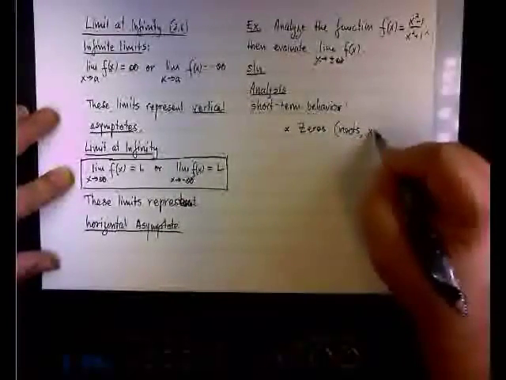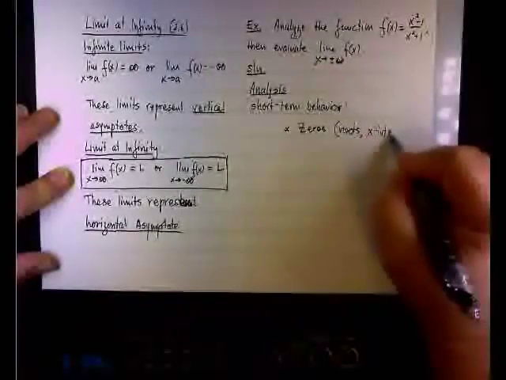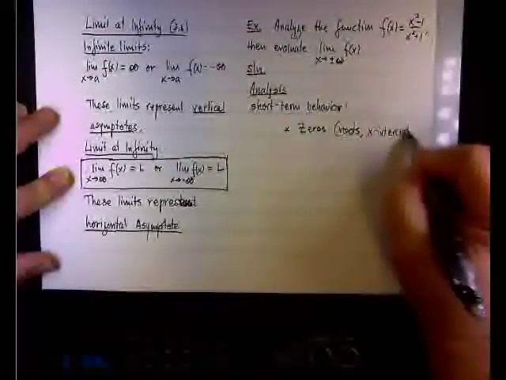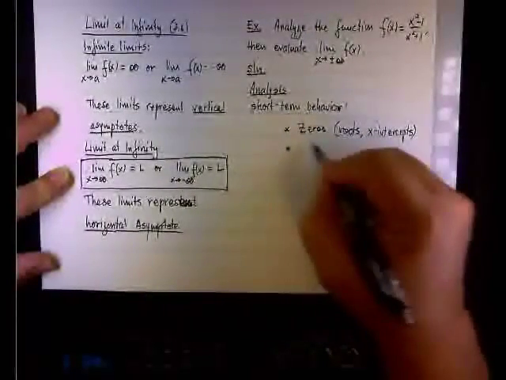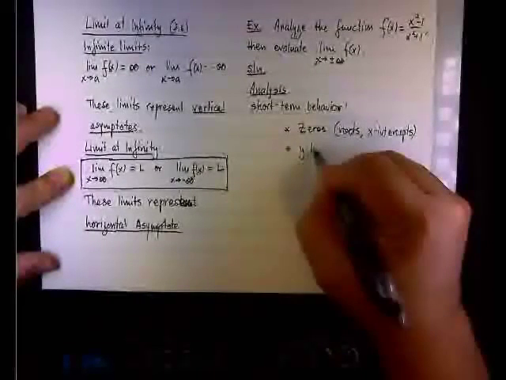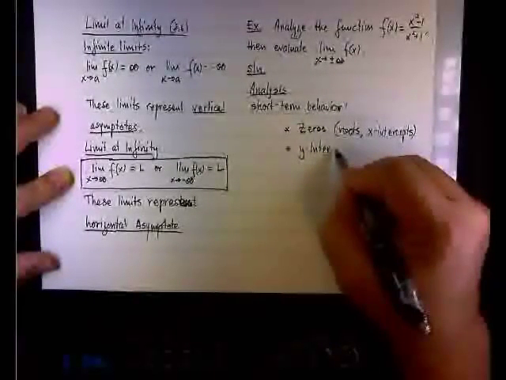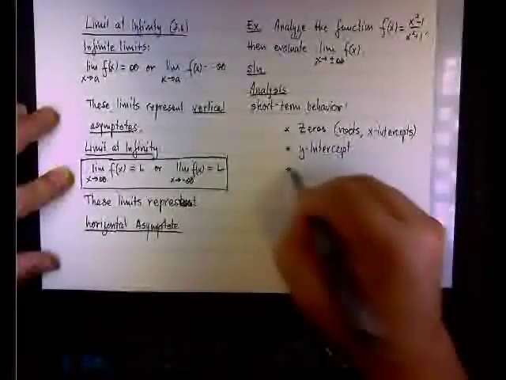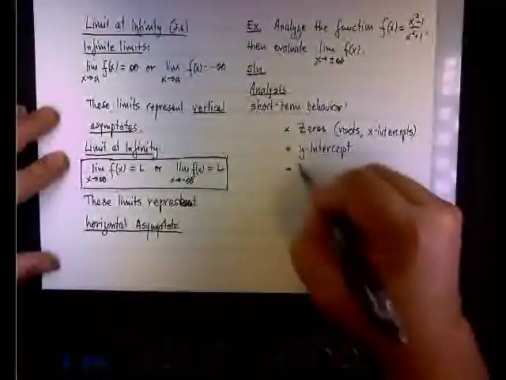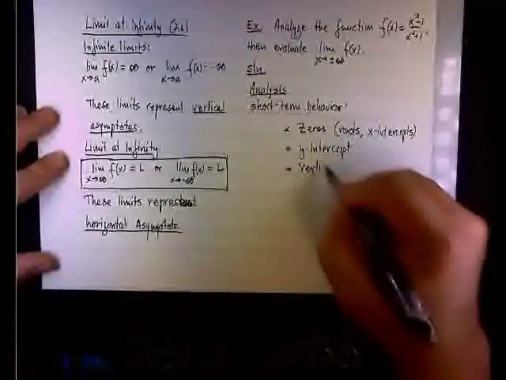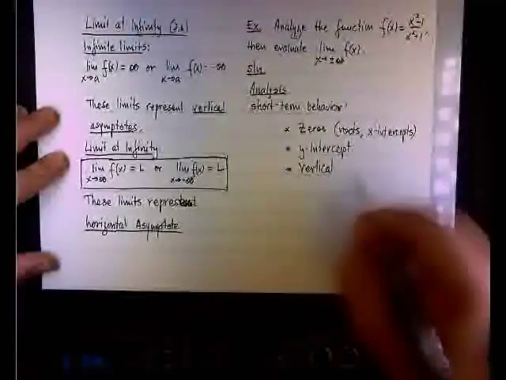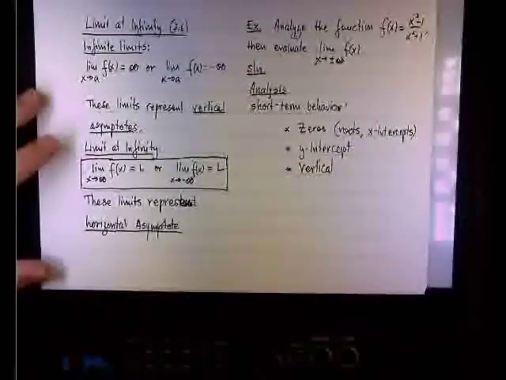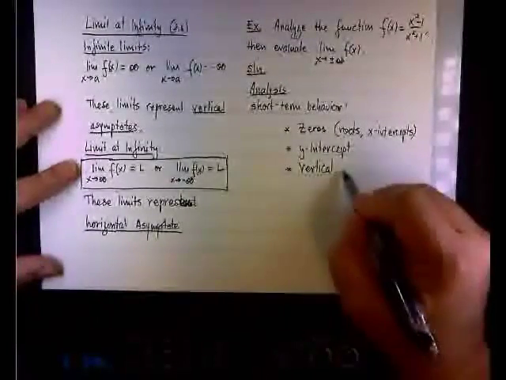In other words, root or x-intercept, which are all synonyms. We're going to look at the y-intercept. And if there is a vertical asymptote, it will happen for short-term behavior, small values of x.